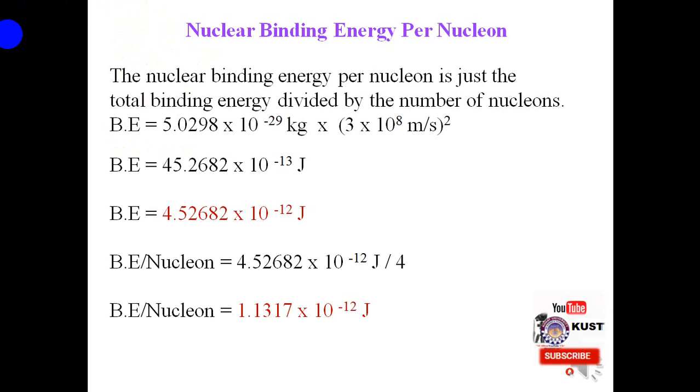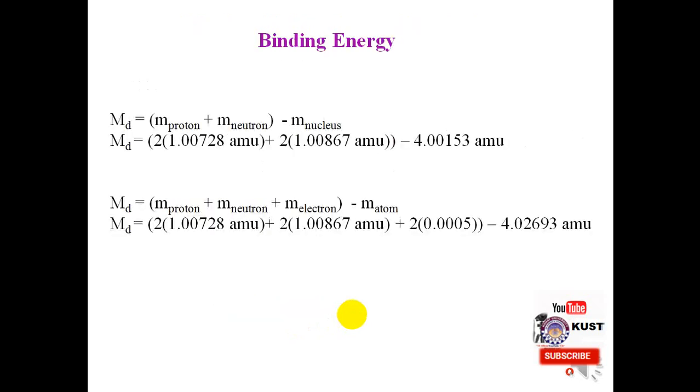Now from this we can calculate the binding energy per nucleon. In helium there are 4 nucleons, so dividing the whole binding energy by 4, we get the binding energy per nucleon, which is 1.13 × 10^-12 joule for the helium nucleus.